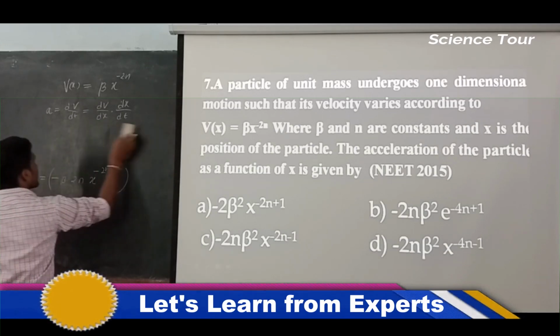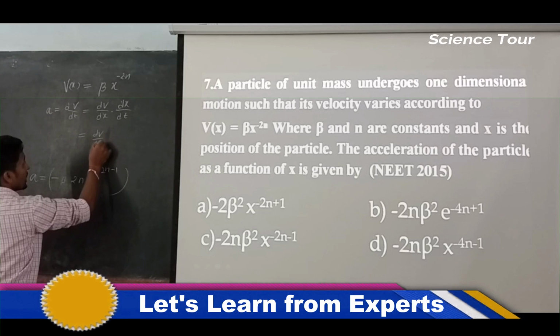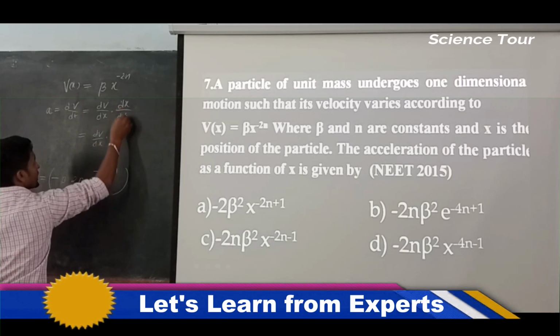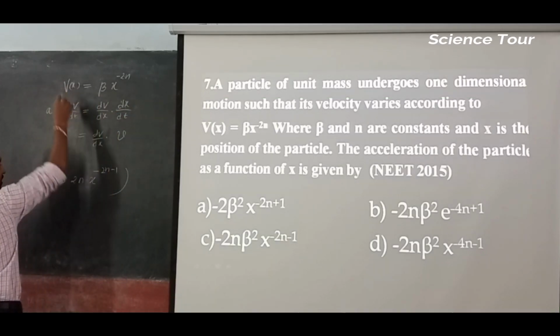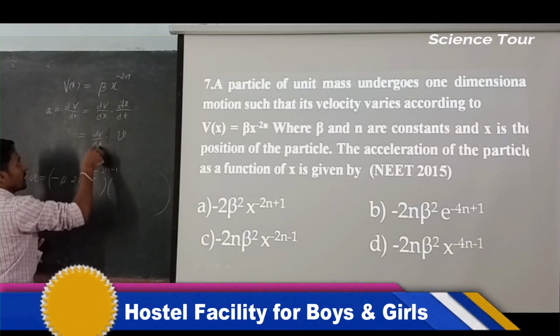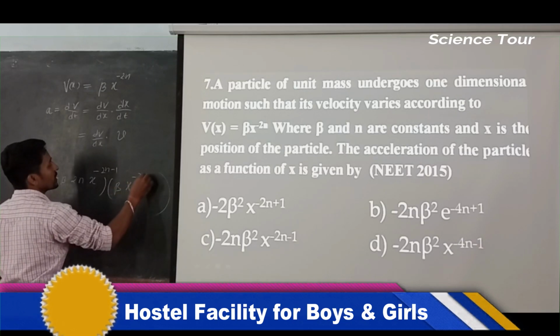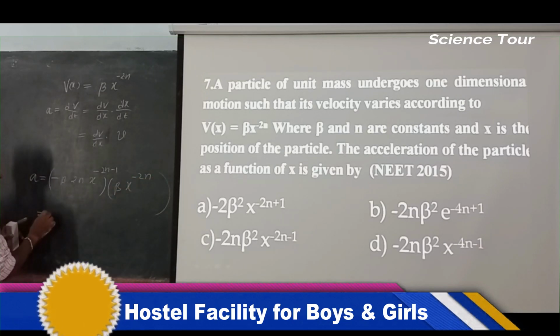I can write the equation in such a way that dv by dx into dx by dt, which is nothing but velocity, but velocity is given, right? Velocity is beta x to the power minus 2n. Now what are you going to get?